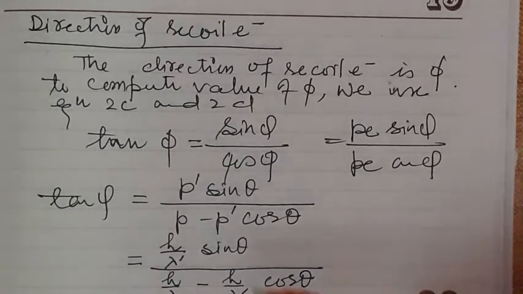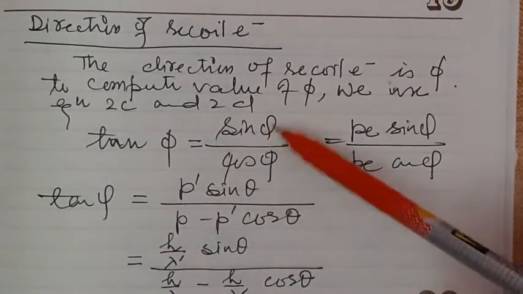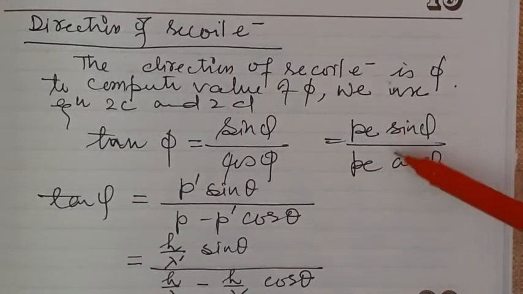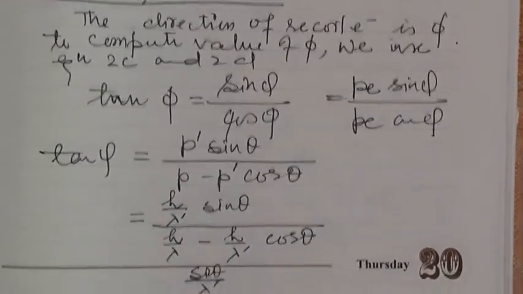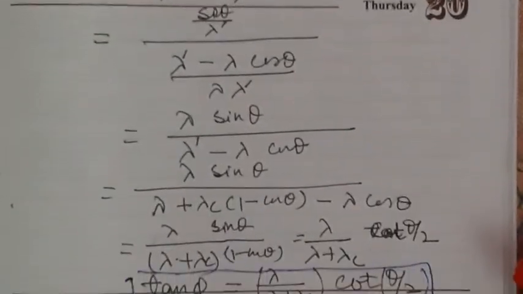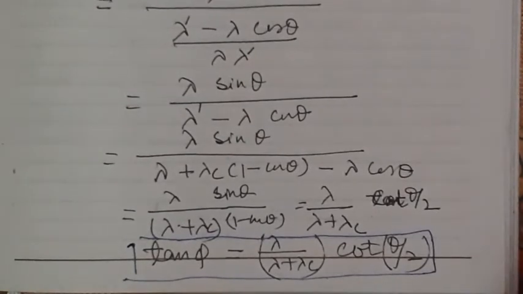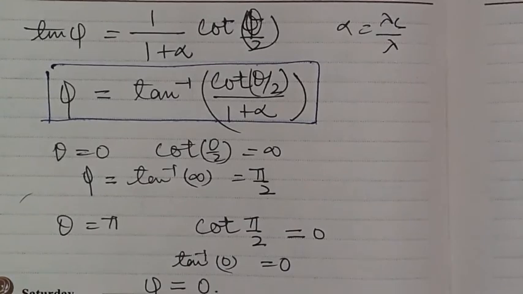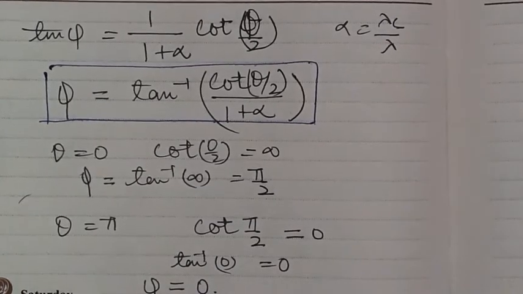Tan phi, where phi is the angle of direction of the recoil electron, is sin phi by cos phi, and it will give a final expression: tan phi equals lambda over lambda plus lambda c, times cos of theta by 2. For certain values of theta, we are able to compute the value of phi.